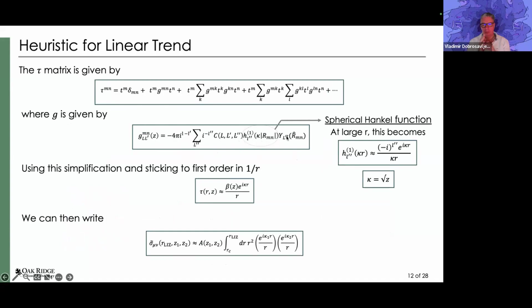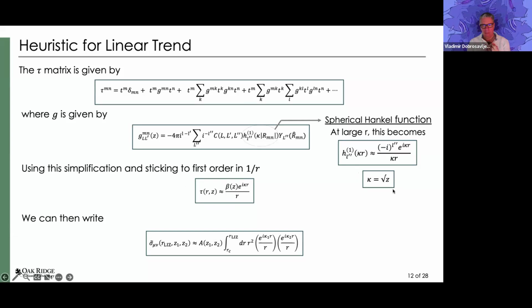At large R, when these two things are large, this effectively becomes e^(i kappa R) / kappa R, where kappa is like a wave vector. So in a very simplified form, we should be able to express tau up to first order in 1/R as some constant times e^(i kappa R) / R. This is how it should decay.